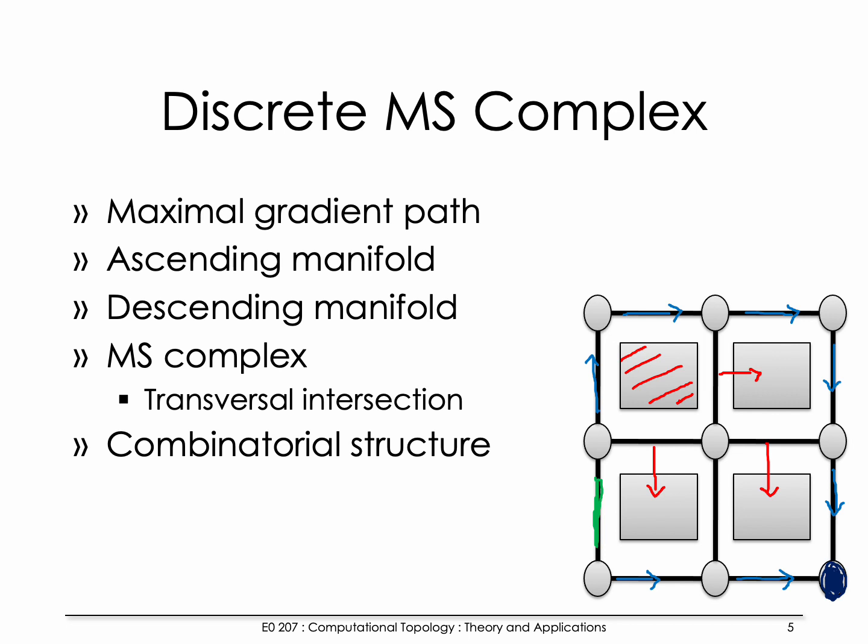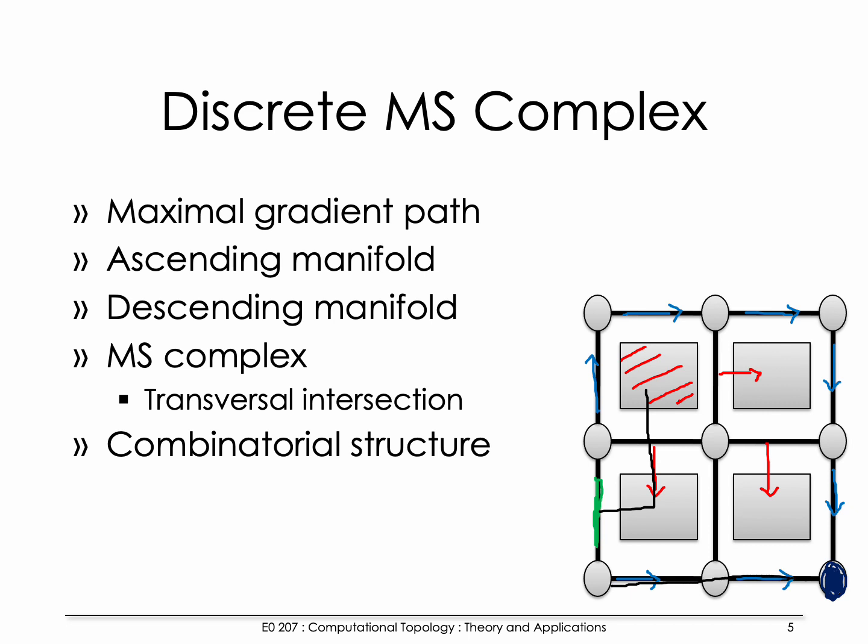For example, we can see that the saddle on the lower left connects to the maximum. The saddle also connects to the minimum, that is the descending manifold.